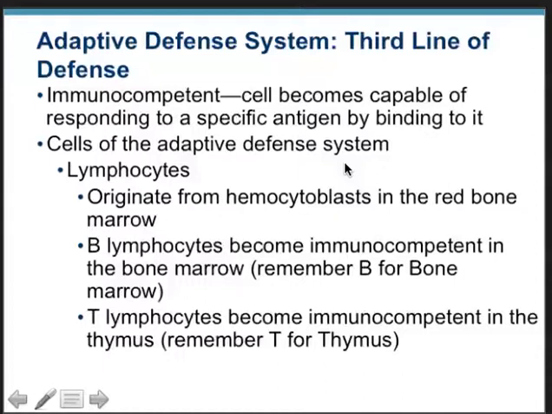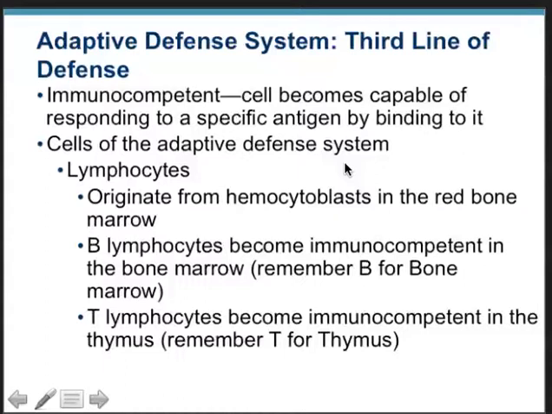The helper Ts also stimulate the reproduction of the cytotoxic T cells, whose job it is to show up at the site of an infected cell or near an actual pathogen and produce a chemical attack that will compromise either the membrane surrounding the infected cell or pathogen, or actually promote the phagocytosis of the pathogen by macrophages, or produce chemical changes inside the cell that cause it to commit suicide. Any of these are possible methods that the cytotoxic T uses in order to do its job.